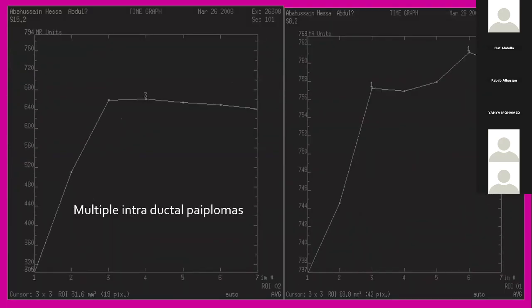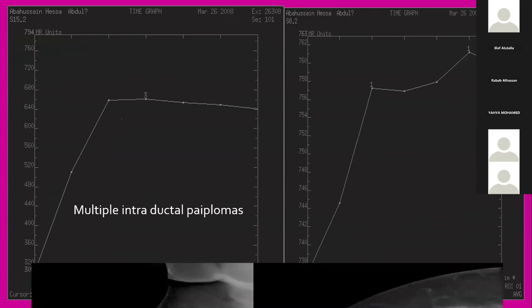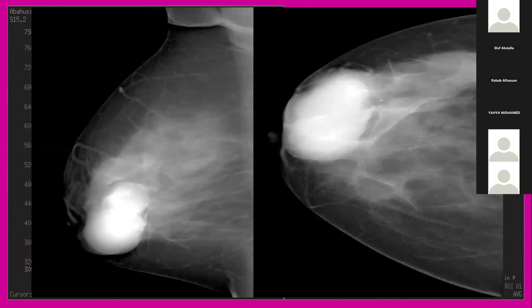In post contrast, the soft tissue component demonstrates enhancement, as well as those nodular segmental areas. And the kinetics was rapid, avid with plateau. So the morphology as well as kinetics were suspicious, as well as mammography and ultrasound. So confidently I reported it as BI-RADS 5, but it turned out to be just a papilloma.